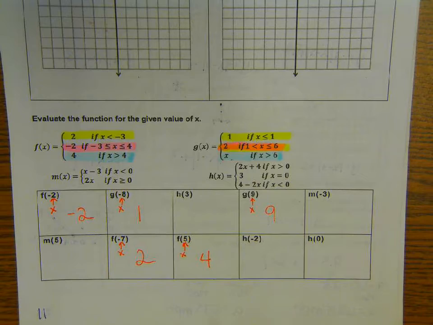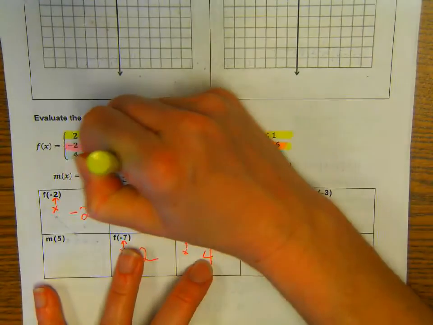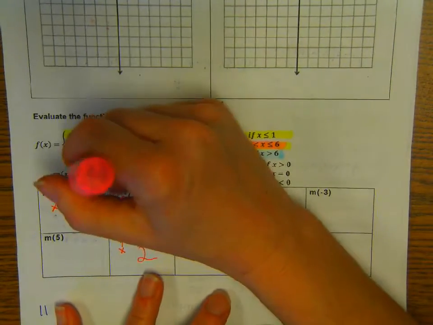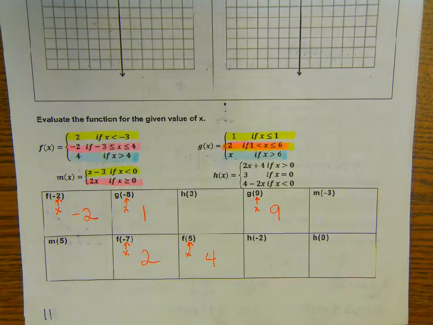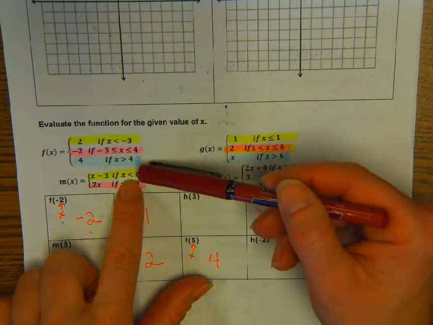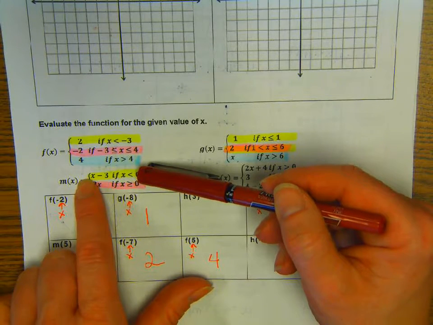Okay, now m. Let's look at m. m only has two pieces. In both of the pieces, though, I have to plug the x in to get my output. But I still use that same deal that I was doing before to pick. If the x value is a number less than 0, I'm going to plug it in to this equation.